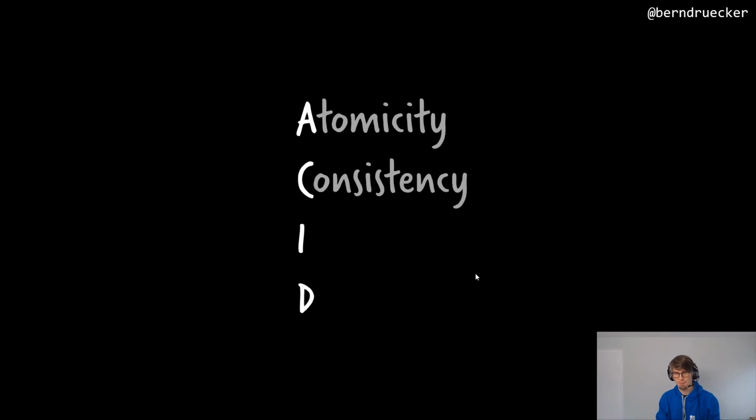They are defined, and you probably learned that in university, as atomic, so all or nothing; consistency, which we'll talk about a bit later on, but it basically means that the data itself is always consistent, so a not-null constraint in a database, for example, avoids that you add data that's not consistent with that definition. So that's one thing.